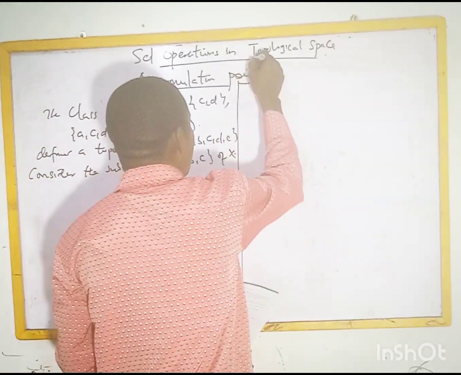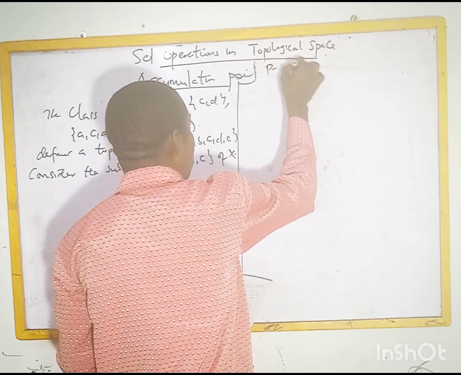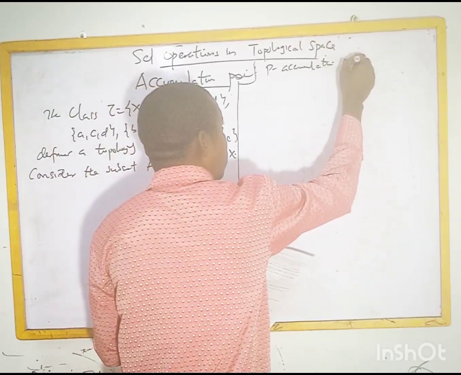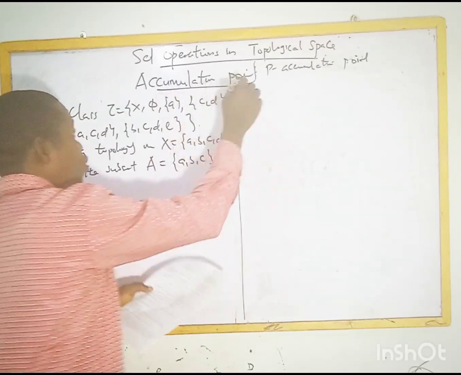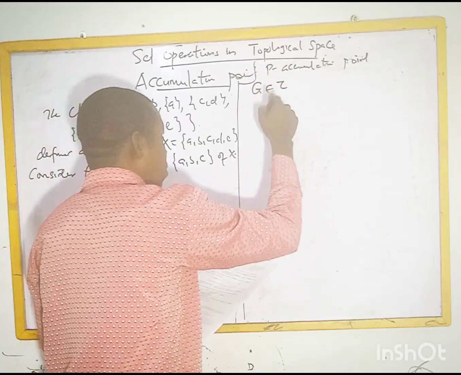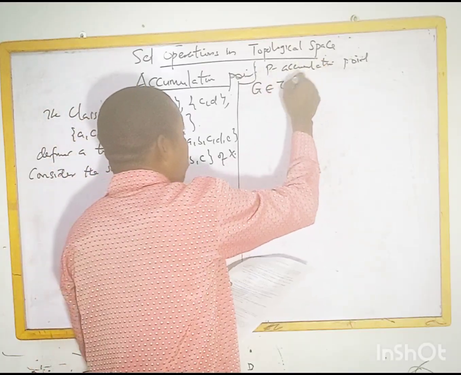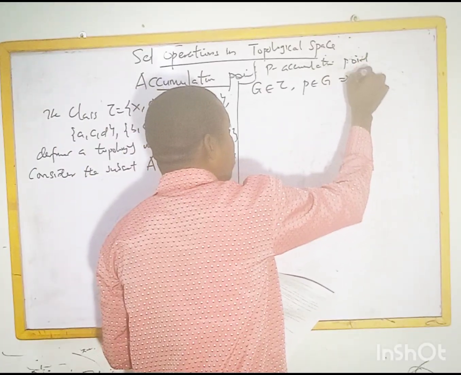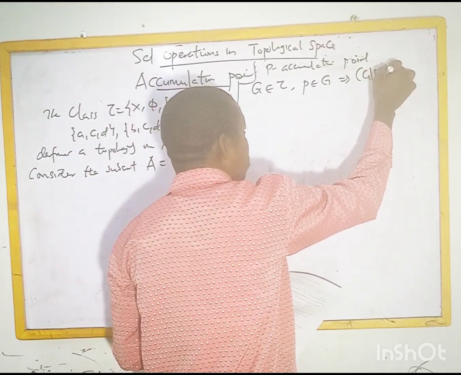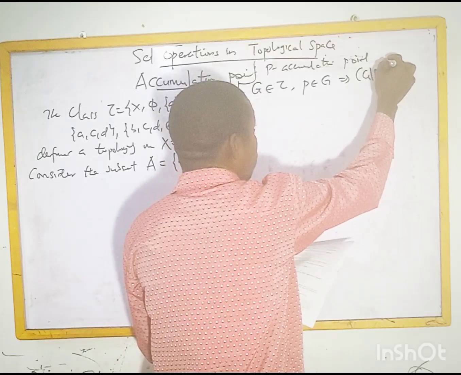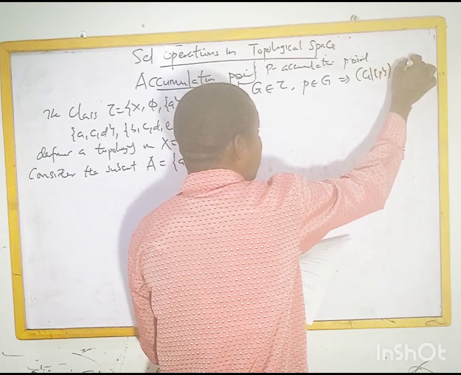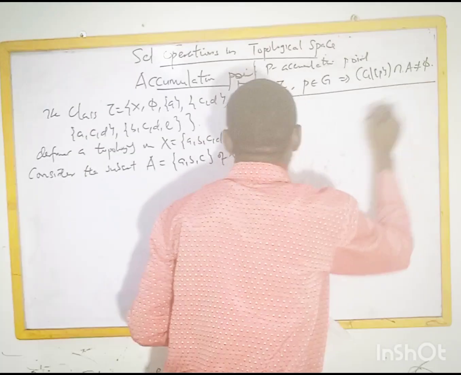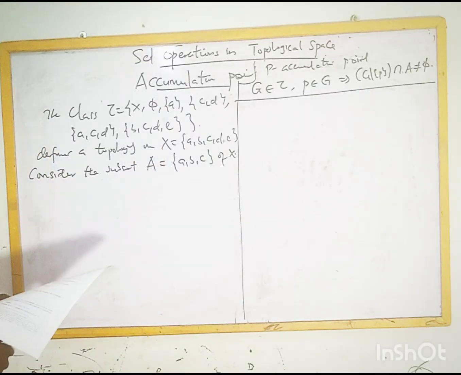We said that for P being an accumulation point, if you pick G, a member of tau, an open set, and P is in G, then it implies that G with P removed, intersection A, is not an empty set. So we use this to find which of the points here will give us an accumulation point.